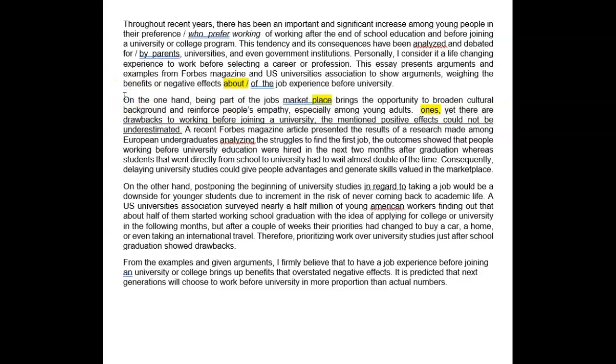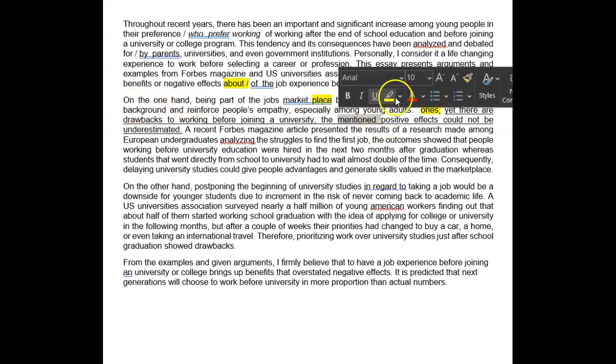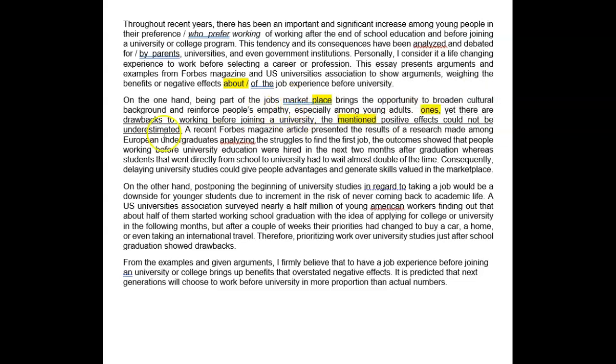So although there are drawbacks, not yet, you'd have to use although. Although there are drawbacks to working before university, the positive effects cannot be underestimated, and then go being part of the jobs market. So you'd have to take out that. Okay, but it's best if you're going to do this concession. It's a lovely thing to do, but do it at the beginning of the paragraph.